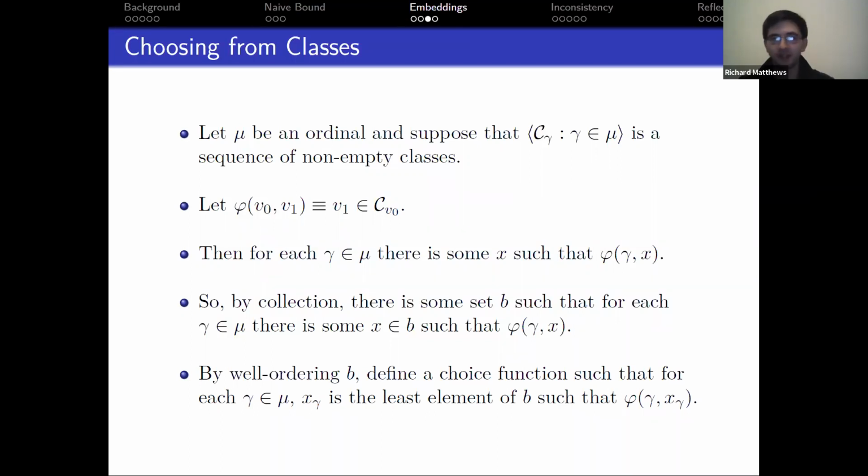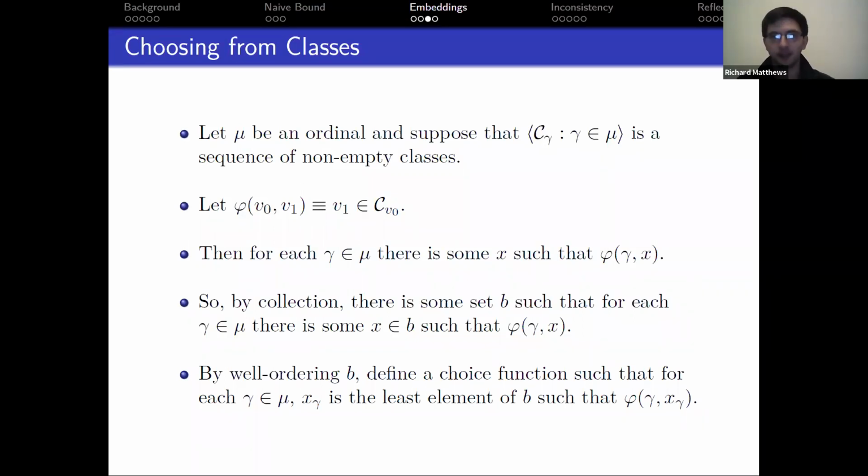So this is just a nice, neat technical trick here: if you give me a sequence of classes, I can choose an element from each class. And it's worth pointing out, collection was necessary in this statement. There are examples of models without collection where you can't do such a choice.